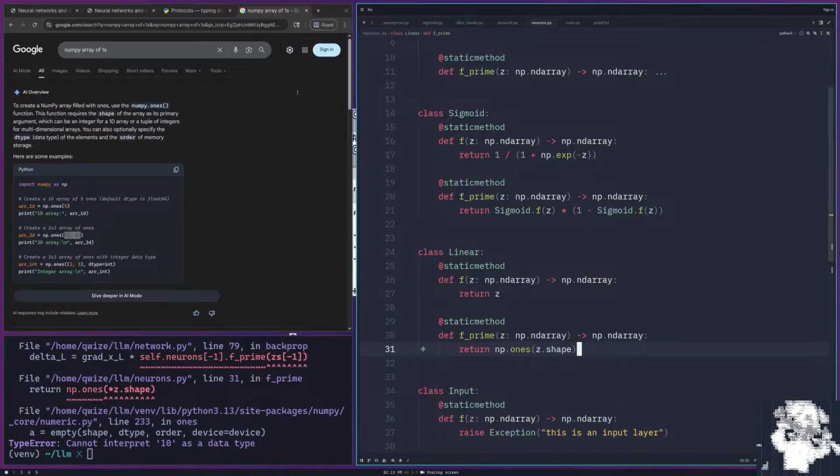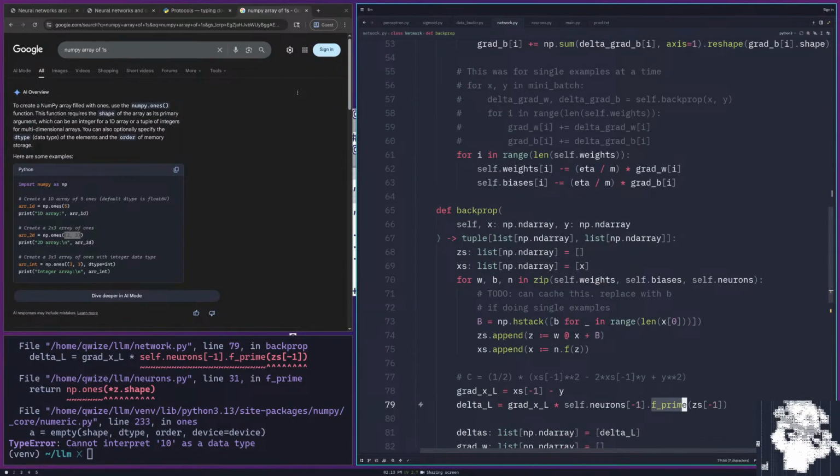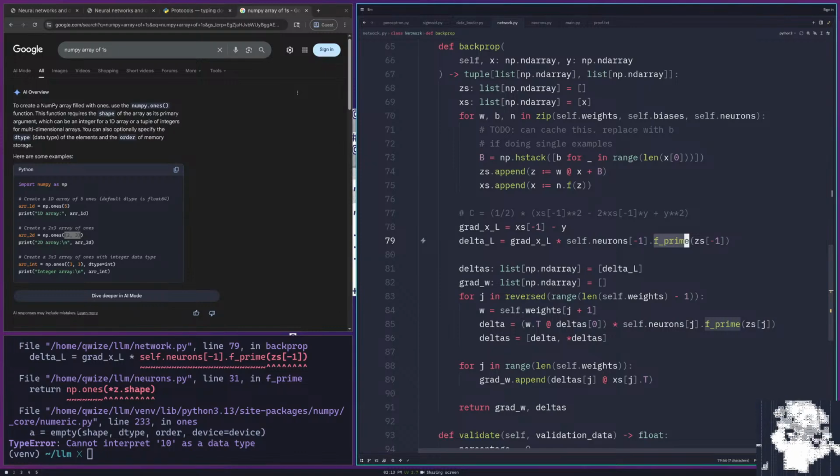So f prime should basically not change the thing.